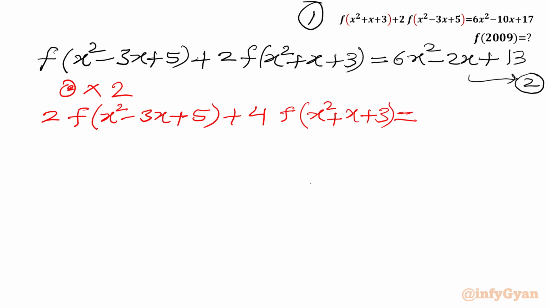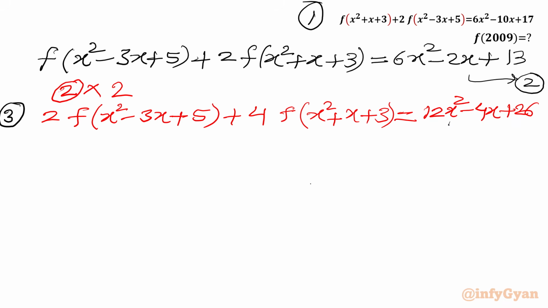Now we'll multiply by 2 in RHS also. So 2 times 6 is 12, so 12x square. 2 times 2 is 4, so minus 4x. 2 times 13 is 26. Let's say this is our equation number 3.